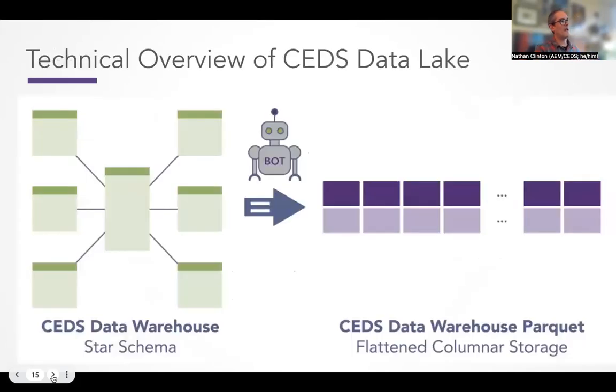So for some details on how we came to the final format, the actual standard itself, we wanted to have a one-to-one correlation between the CDS data warehouse and the CDS data warehouse Parquet formats. So for each fact table in the CDS data warehouse, the star schema, we created a version of that in a flattened Parquet file. Same for some of the ancillary dimensional data, slowly changing dimensional data.